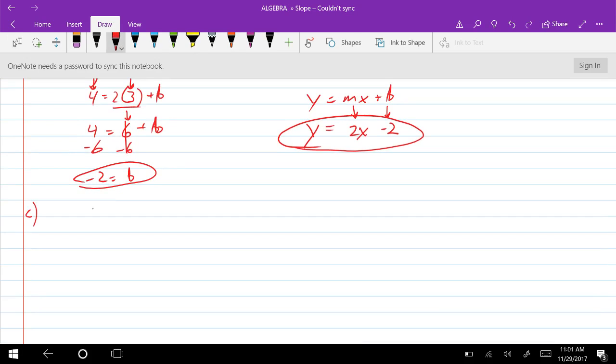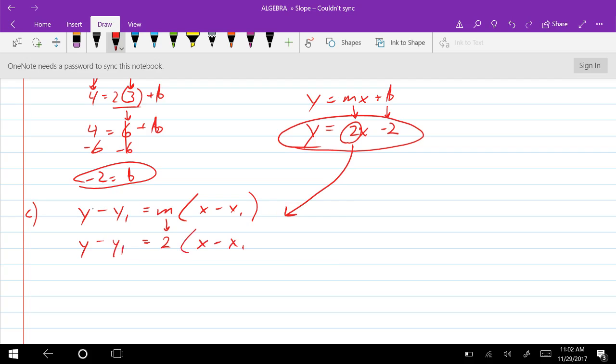Part C asks for the equation of the line in point-slope form. Point-slope form is y minus y1 equals m times x minus x1. Now, m is the slope. We know that right away. It's 2. We found it right up here. Okay, so I brought it down here. So I still have y minus y1 and x minus x1.